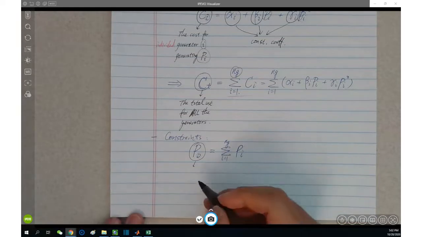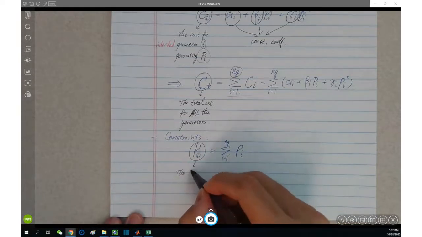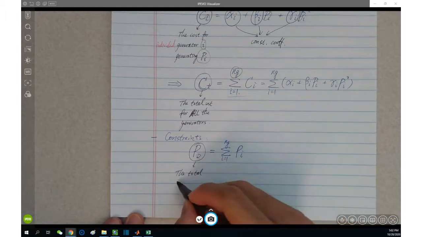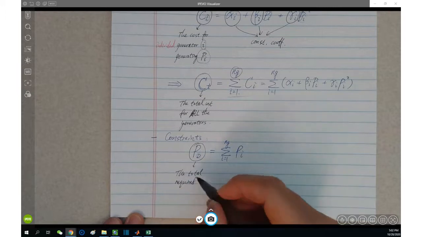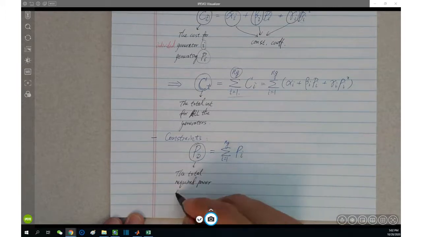So this is the total required power from customers.